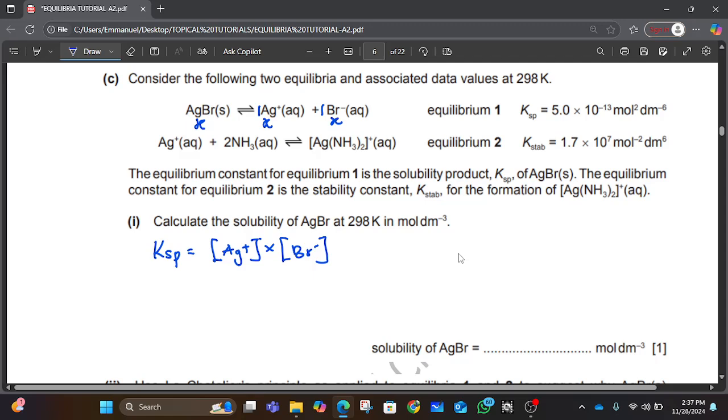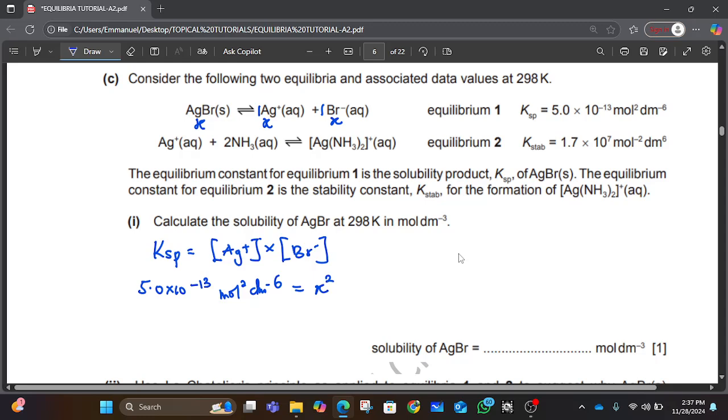And so since we know the KSP value as 5.0 times 10 power minus 13 mole squared decimeter minus 6, and this is equal to the concentration of the Ag plus is X and that of the Br minus is X, so that will be X times X and that will give us X squared.